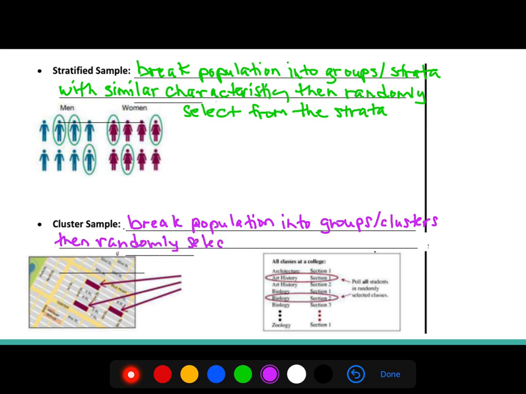And then we are going to select some clusters randomly, and then select all the members of the cluster.